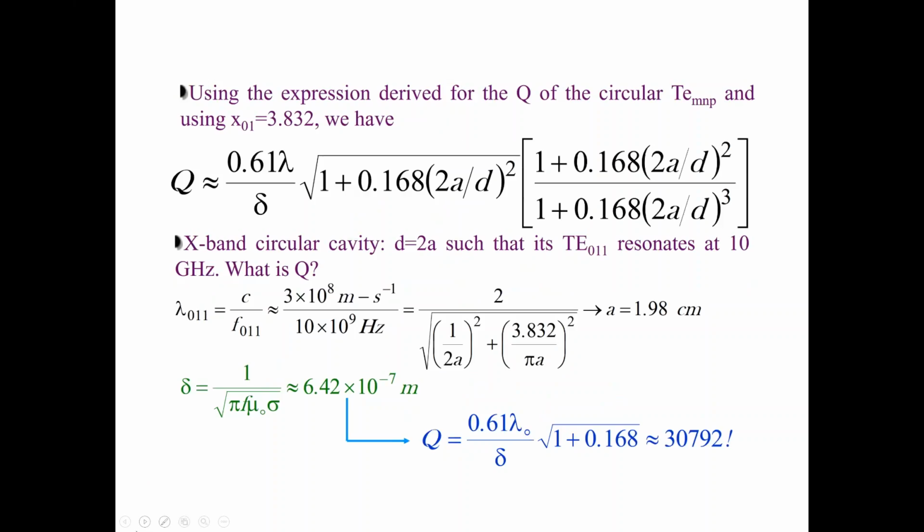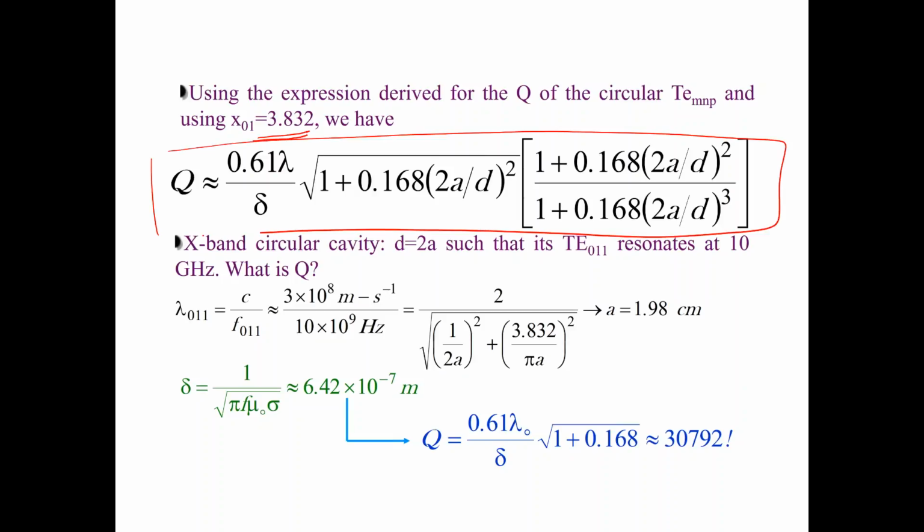If we now use the expression for the TE mode and put the value of x01 as 3.832, that's where you get a zero for that mode, for that shape. You basically end up getting a Q which looks something like this.